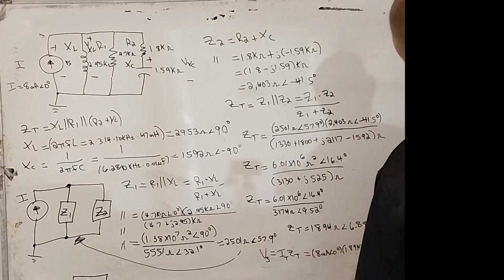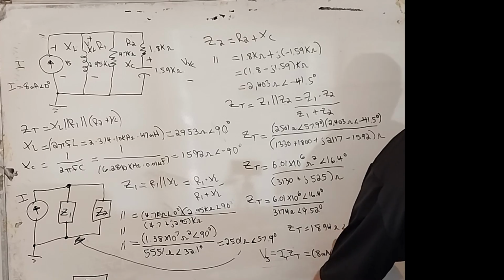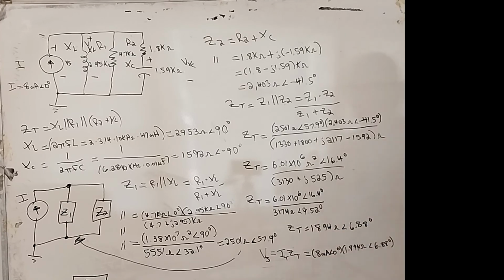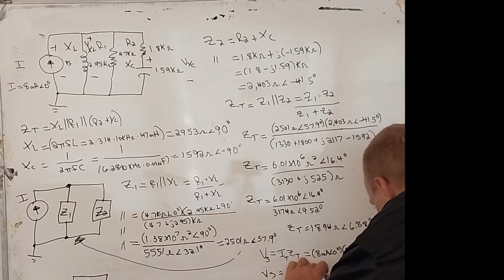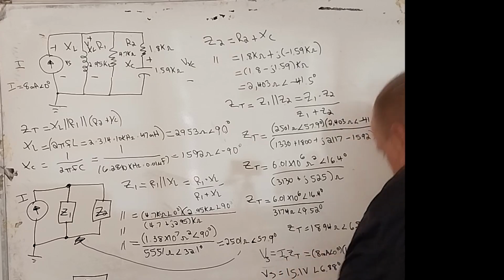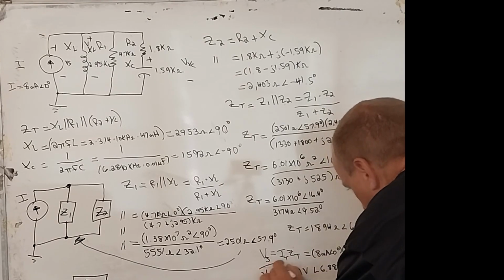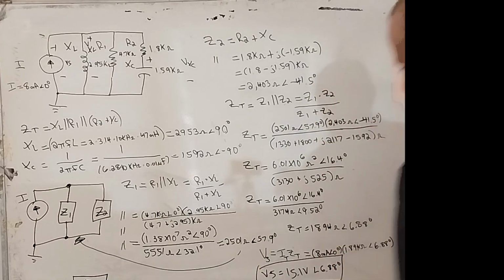Or 0.008. But I like to use 3 significant figures with things. And this is equal to 15.1 volts at an angle of 6.88 degrees. Here's your first answer. All that work, here's your first answer.